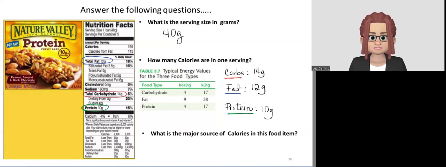So with this information, calculate, in units of kilocalories per gram, the total amount of calories in one serving.